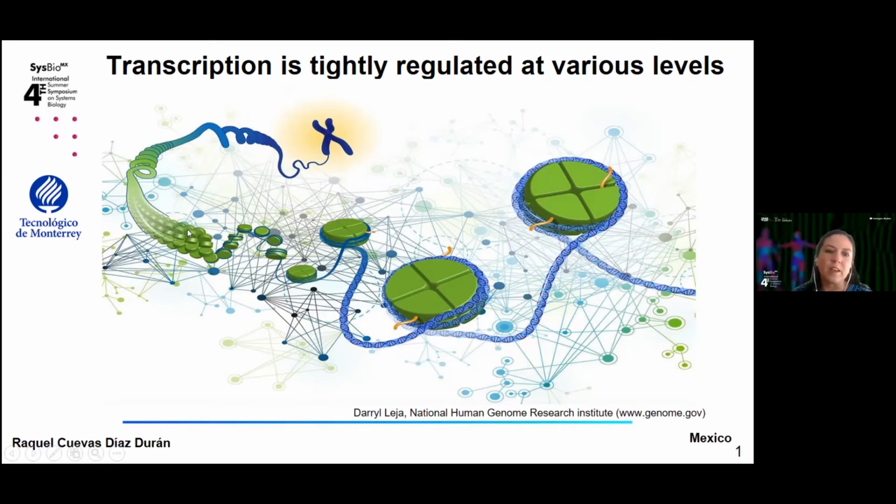Then the DNA is wrapped around histone proteins, and these histone proteins have tails that can have diverse modifications, for example, acetylation, methylation, trimethylation. There's even a histone modification code to see what the possible combinations are.